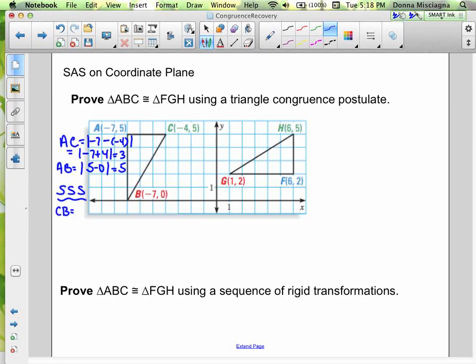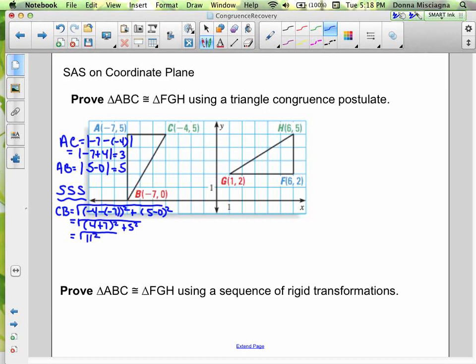Right, so the length of CB is just going to be the square root of (-4 minus -7) squared plus (5 minus 0) squared. Right, so that means CB is, minus a negative is plus. So that's 4 plus 7 squared, and then plus 5 squared.